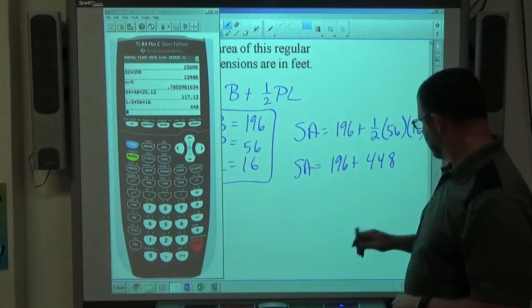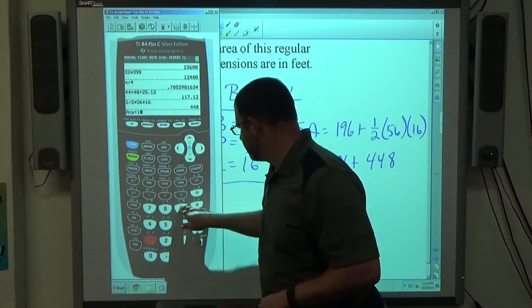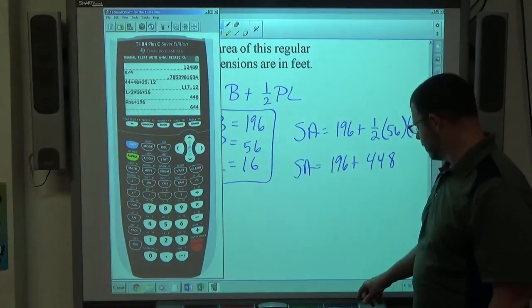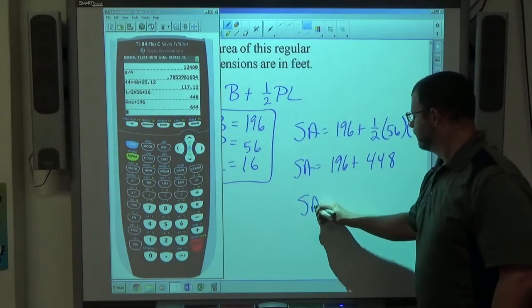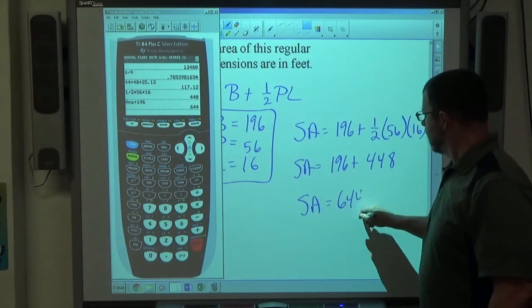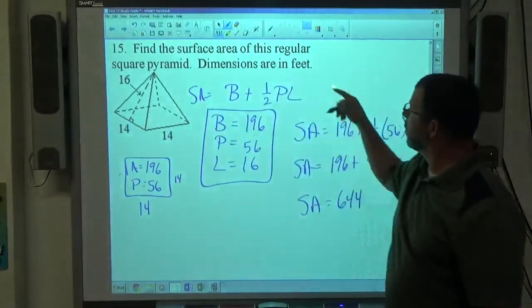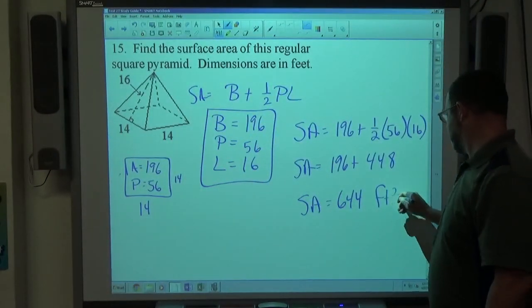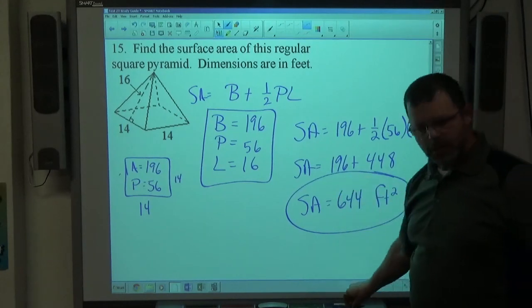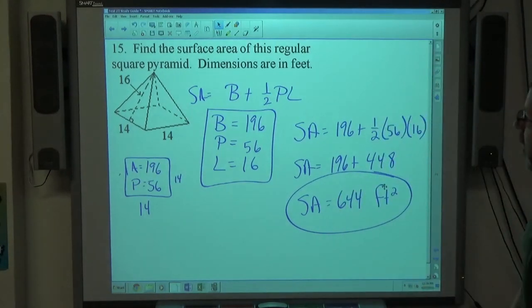And 196 plus 448 is 644. And the unit of dimension here is feet, so feet squared. And that's how you find the surface area of a pyramid.